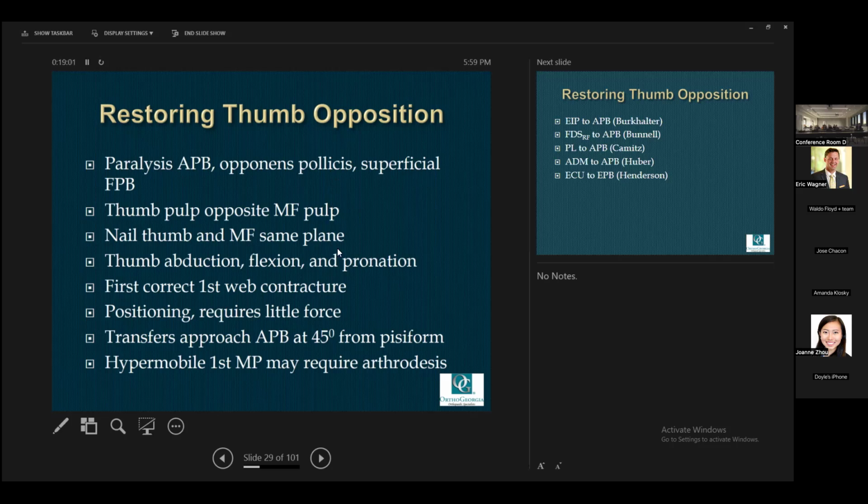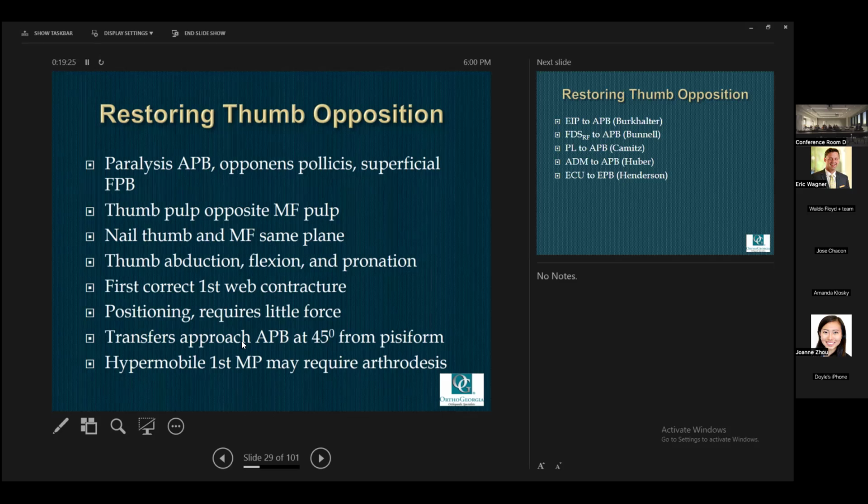And opposition involves, you'll see this on exams too, abduction, flexion, and pronation. Number one principle is to first correct the first web contracture. This is a positioning transfer that does not require a lot of force.